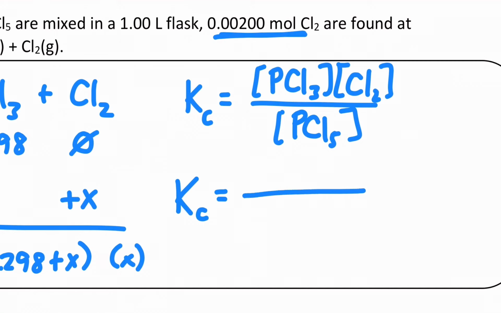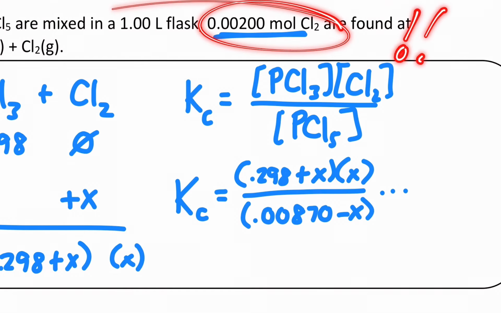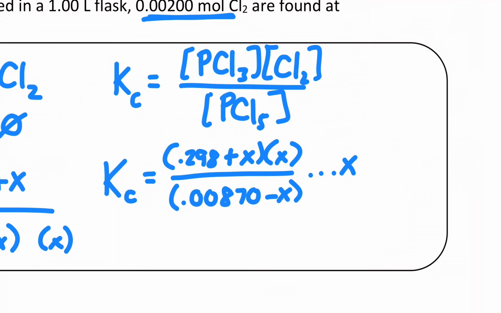My PCl3 is 0.298 plus X, chlorine is just X, and my PCl5 is 0.00870 minus X. And I'm looking to figure out what K is, although hang on, I actually know what X is. X was given in the very beginning of the problem. X is 0.0020 because it says that's how much is at equilibrium. So X is 0.0020.